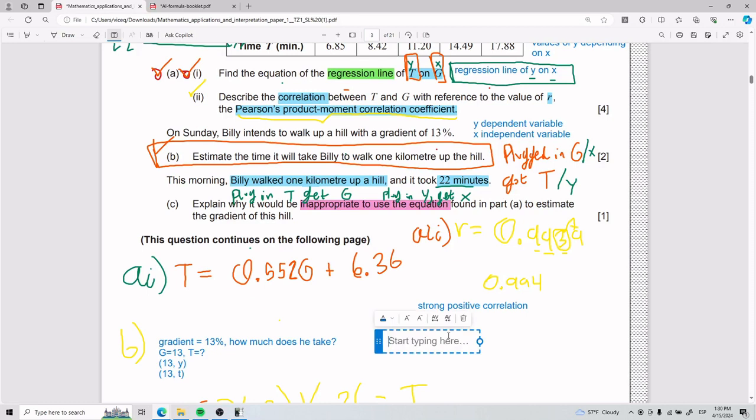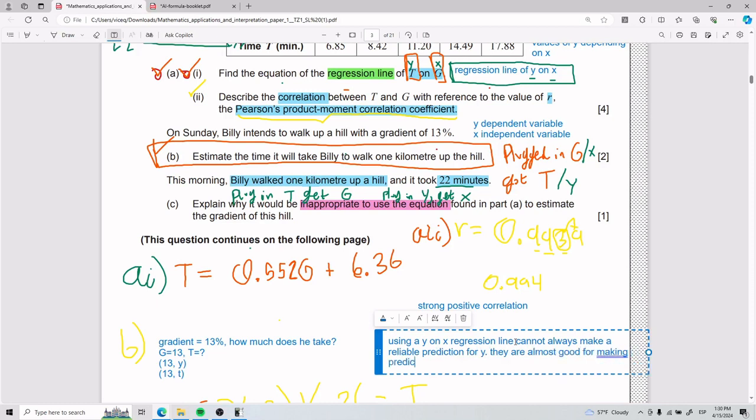You can always say that using a Y on X regression line, which is actually the current context, cannot always make a reliable prediction for Y.